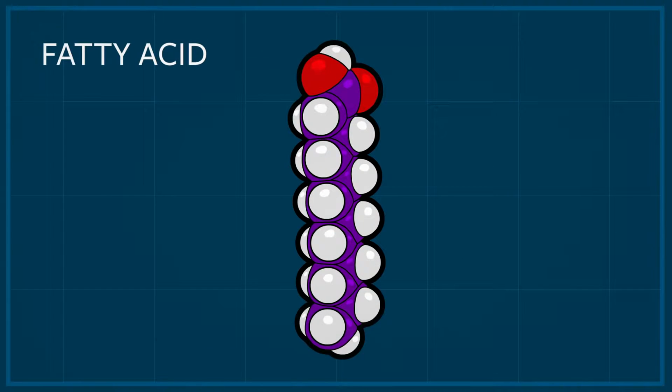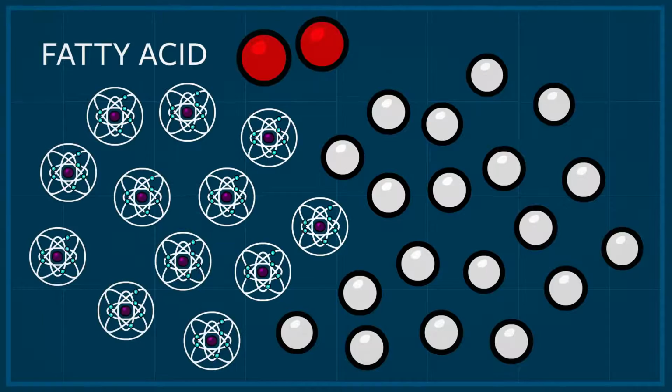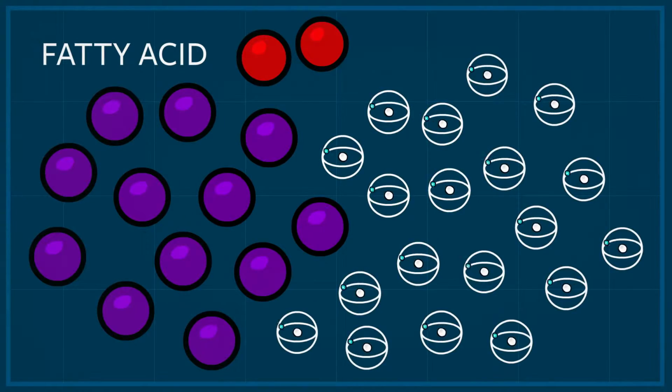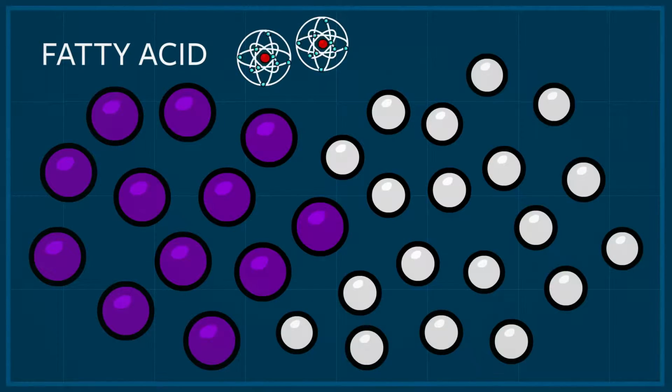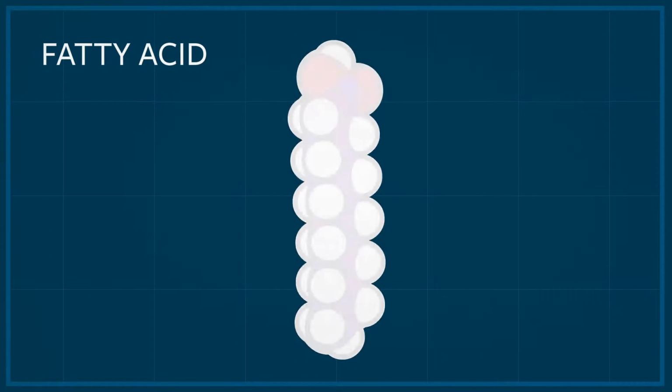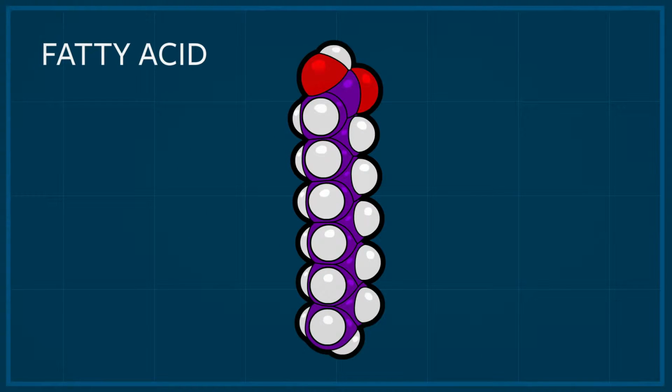This here is a special molecule called a fatty acid. It's a collection of carbon atoms, hydrogen atoms, and oxygen atoms all stuck together in a specific pattern. Fatty acids are one of many complex molecules that living cells use inside their bodies. They build fatty acids with atoms they get from their environment.